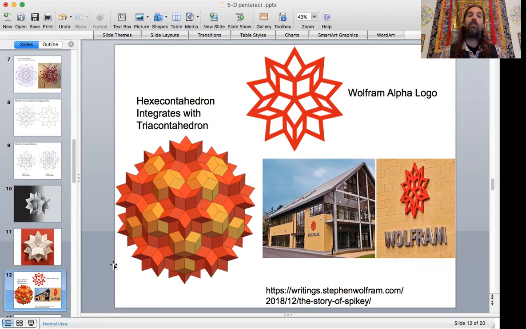But they decided to use this as their logo because Stephen Wolfram here, just in his observations with working with the program, discovered this form because he thought it had such amazing, unique properties, and was really excited about it. They call it spiky, and there's this great article I would highly recommend.